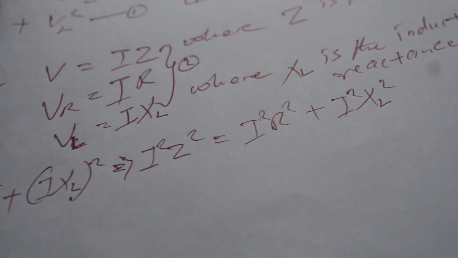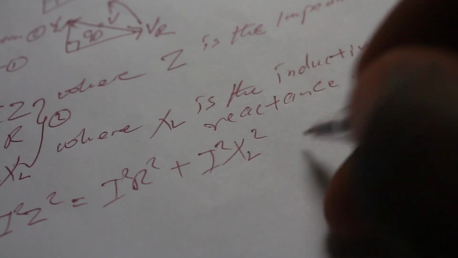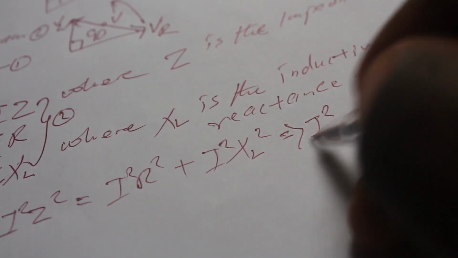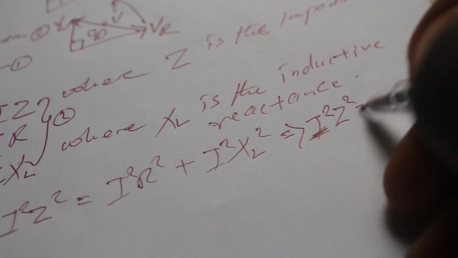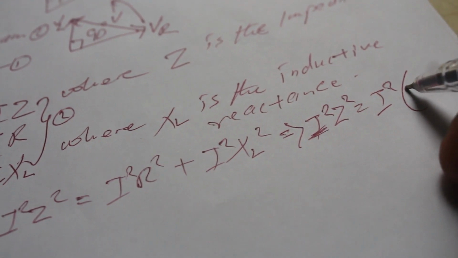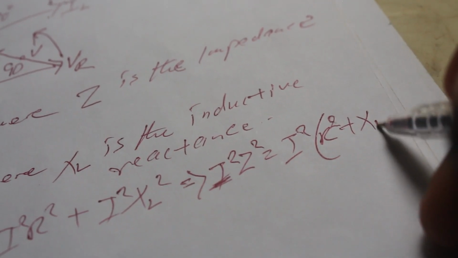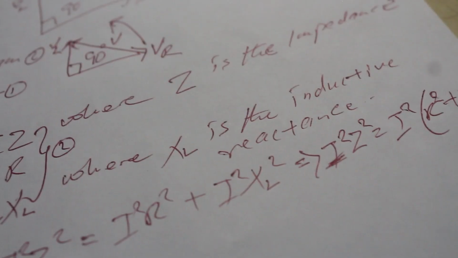Now if you take a common factor, we get I squared Z squared is equal to I squared times R squared plus XL squared.